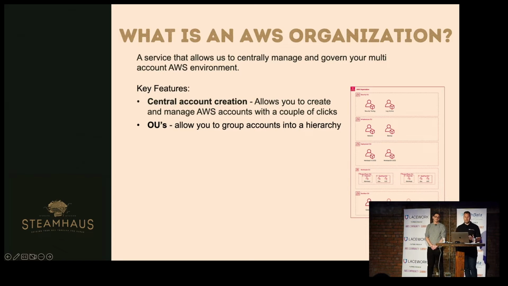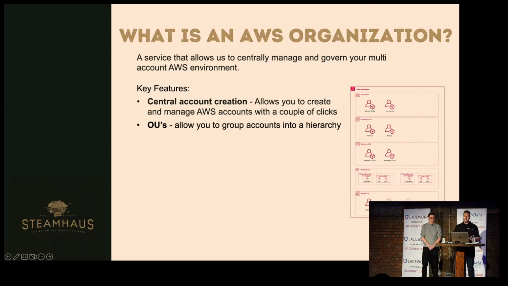As a best practice, it's best to design your OUs based on function. And we've got a sample OU structure here, which is quite basic, but this would be a good starting point. So we have at the top a security OU, which might contain our security account, logging, etc. Then we're going to have a shared infrastructure OU, which might contain our networking account and backups.